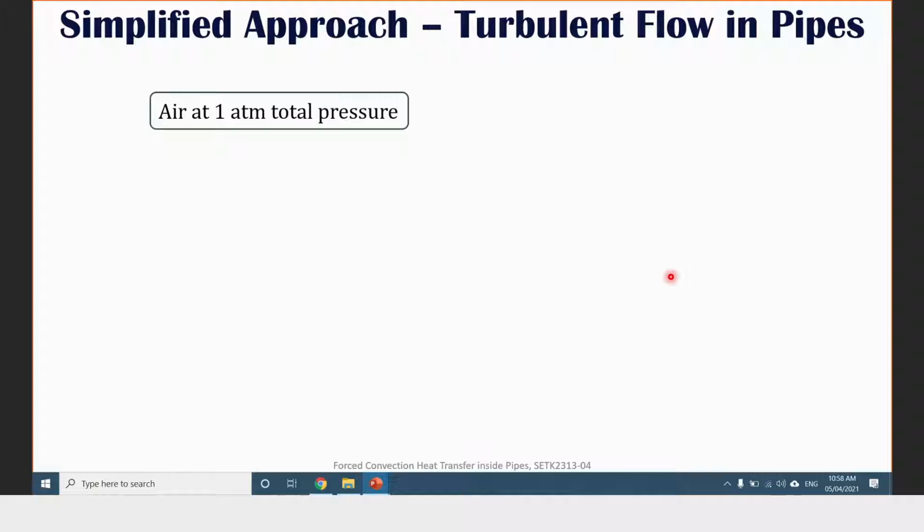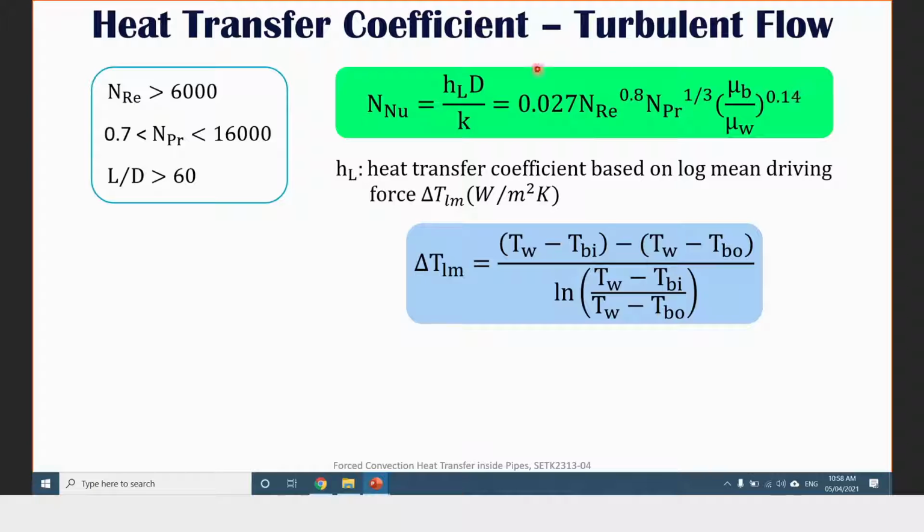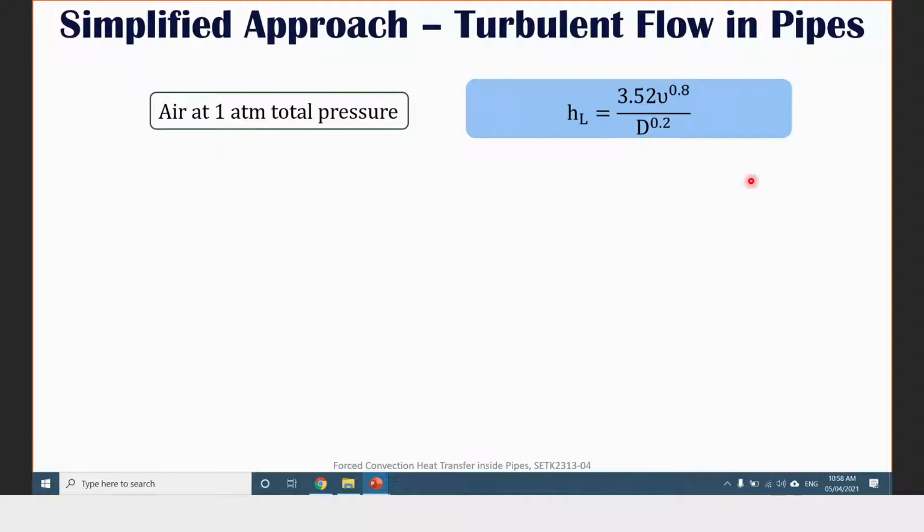If the flow is turbulent, and the fluid is air at a total pressure of 1 atmosphere, you can use this equation to calculate the HL. The very long equation just now is simplified to simply this. So it's a lot more simplified.